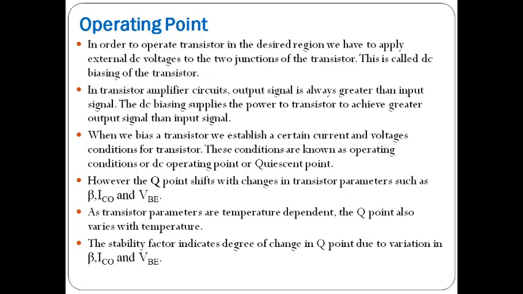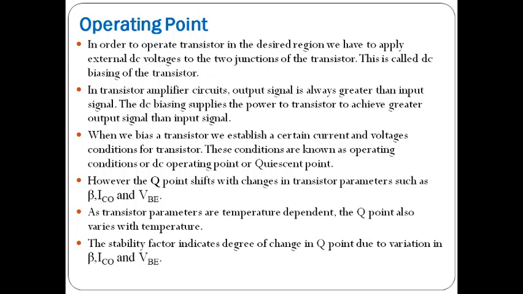Biasing is nothing but applying external DC voltages and currents to the two junctions of BJT to operate in the desired region. This is called DC biasing of transistor.